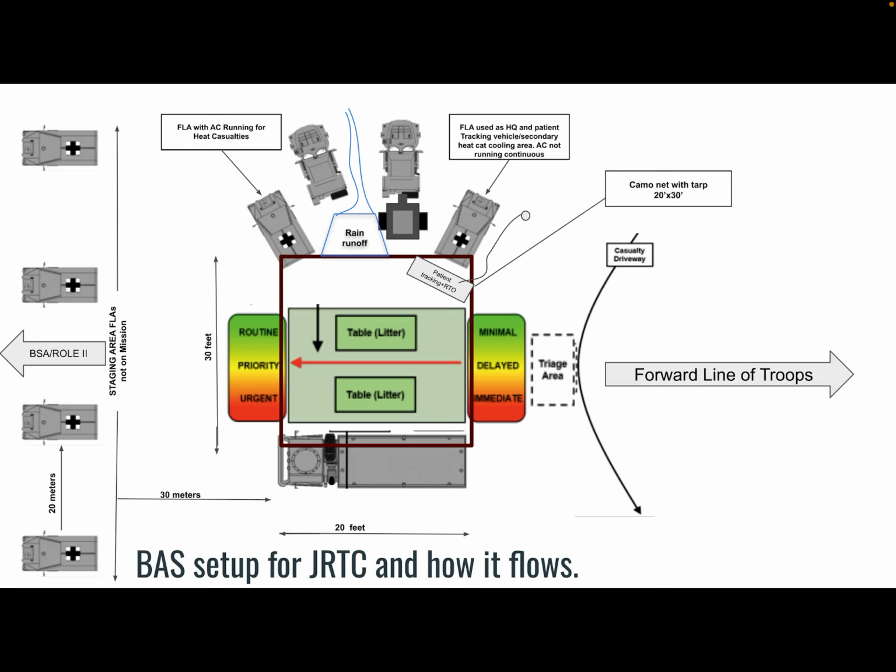You could probably theoretically hold 8 if they're just heat casualties and they just need to sit in the AC to cool off. So keep that in mind. We do have the capability for cooling to help soldiers out. Anything else on here? You see the FLAs are staged on the left side. Most of those will be gone, rotating on mission to the companies, most of the time we're in the field.